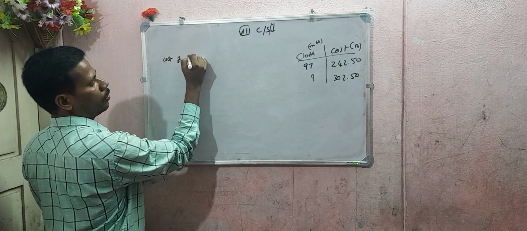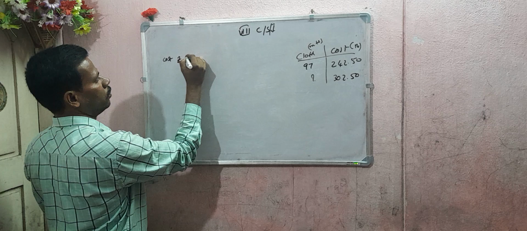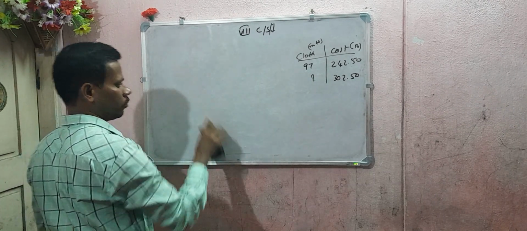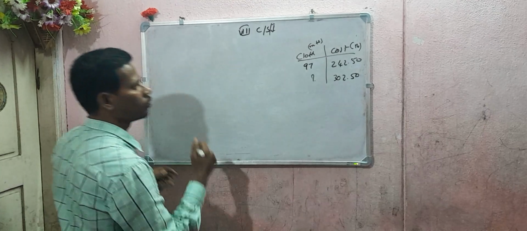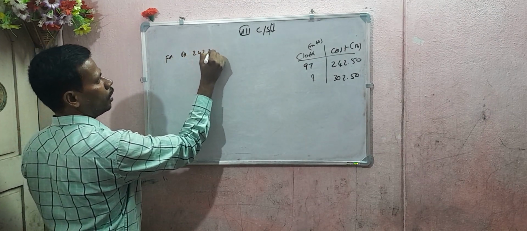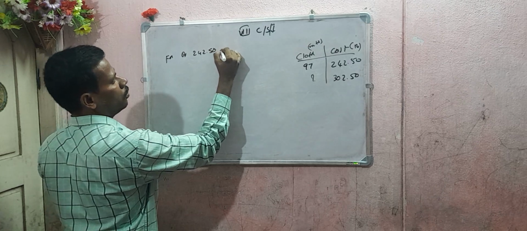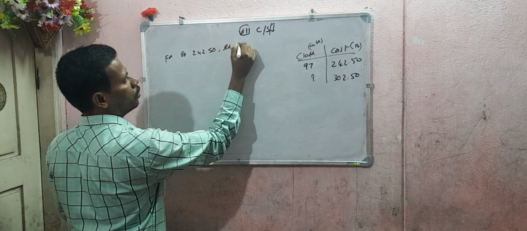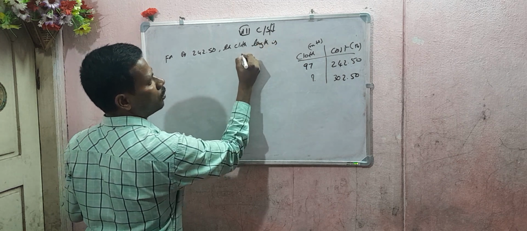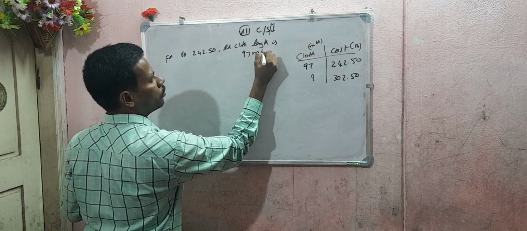Or you can write like this. For rupees 242.50, the cloth length is 97 meters, right?